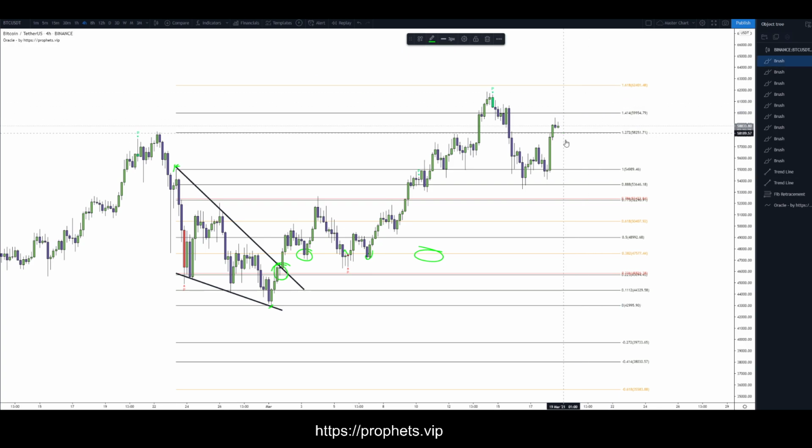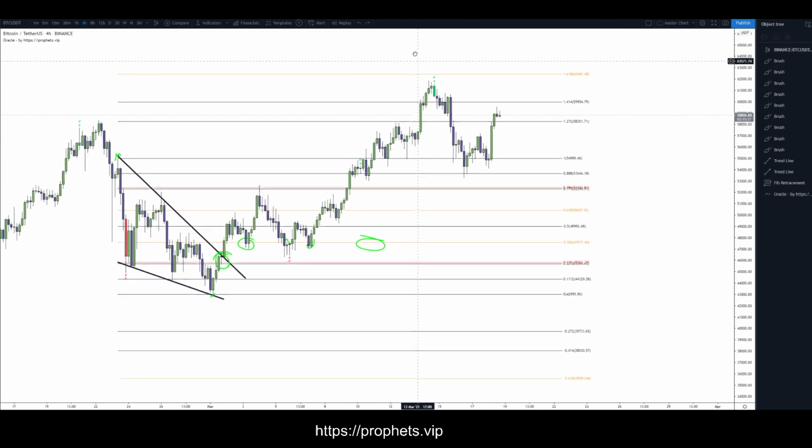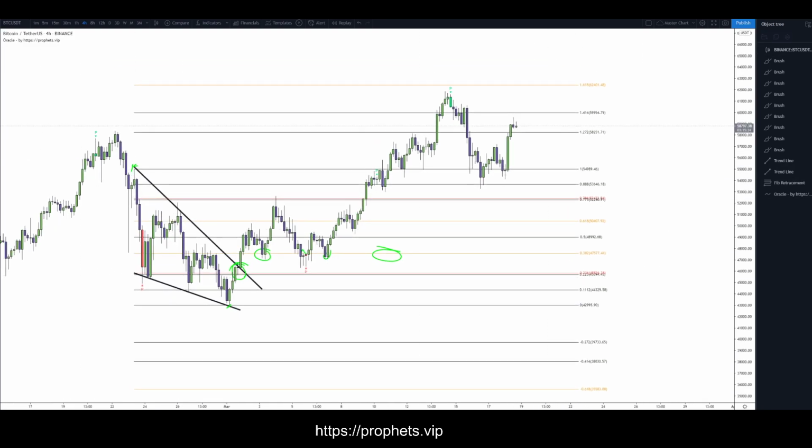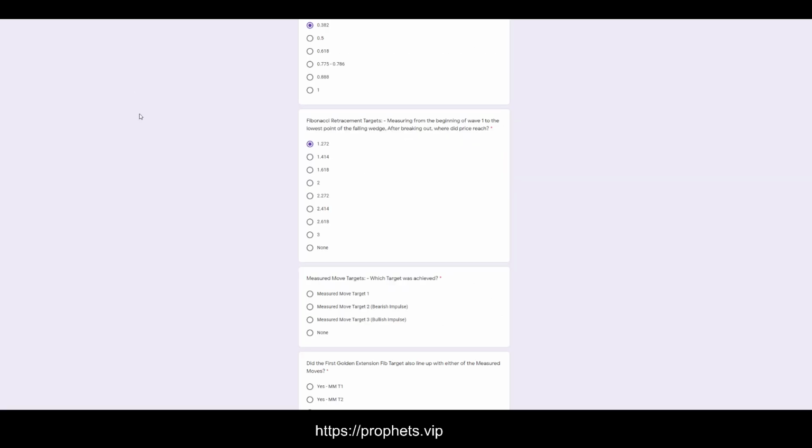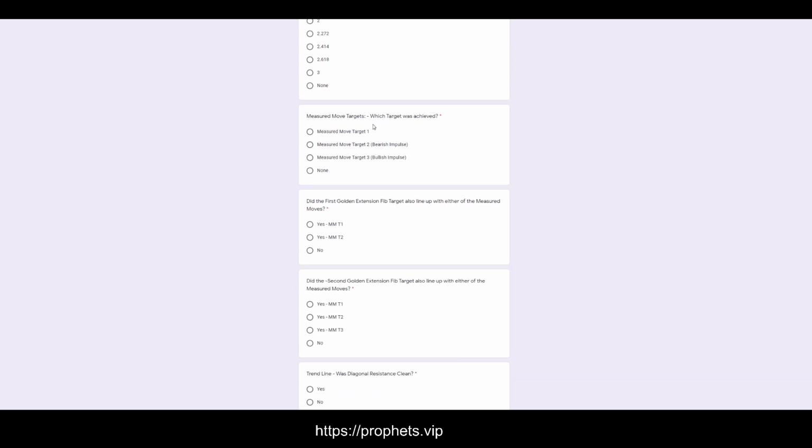It hasn't completed its full cycle before it rolled over and started trading below the falling wedge again. So in this case, we've only reached the 1.414. Very close to the 1.618, but we didn't get it, and technicalities matter. So 1.414.